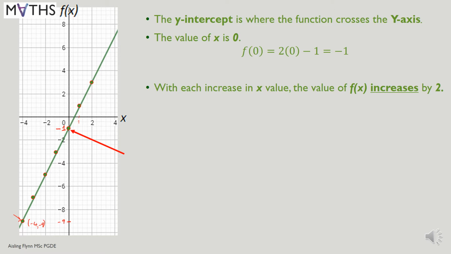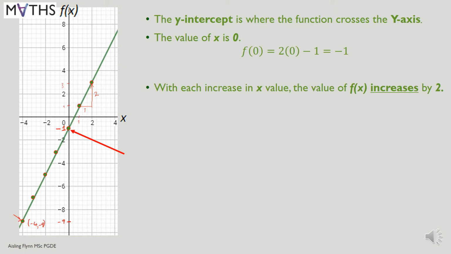So as you go from 1 to 2, the line climbs by 2 steps. It goes from 1 to 3. Okay, so every time you take a step to the right by 1, the function goes up by 2. So with each increase in x value, the value of f of x increases by 2.